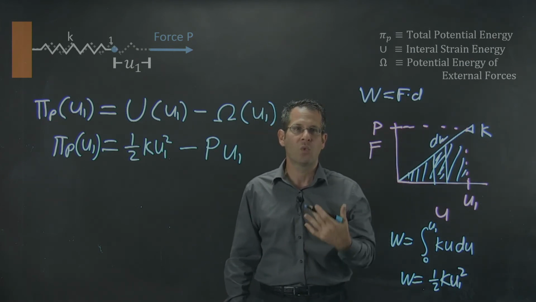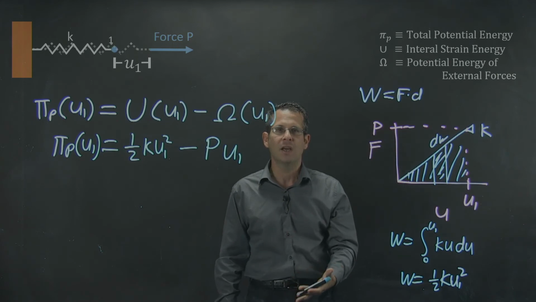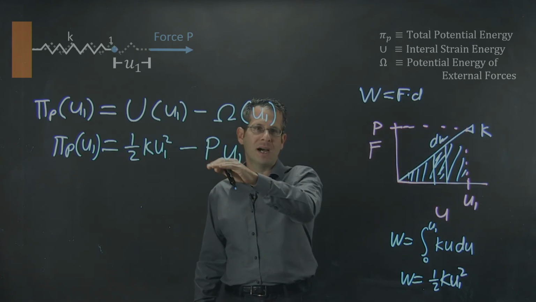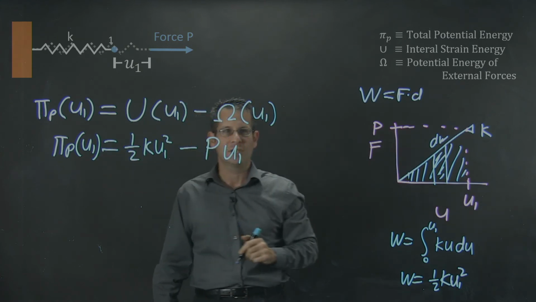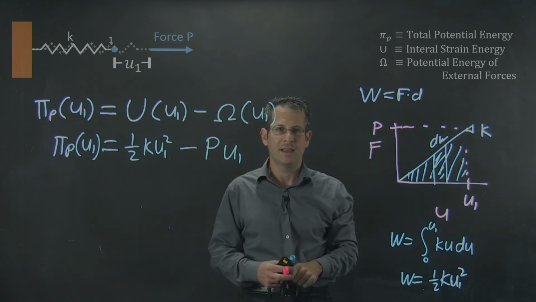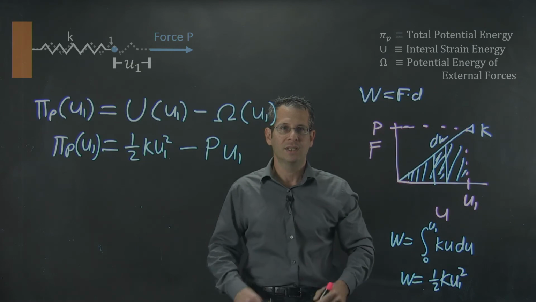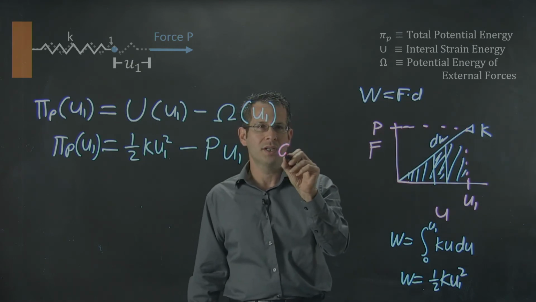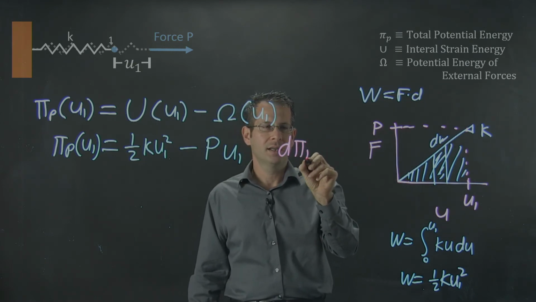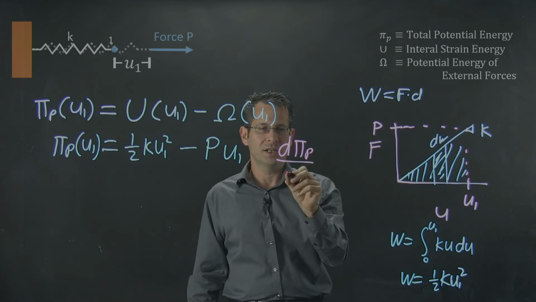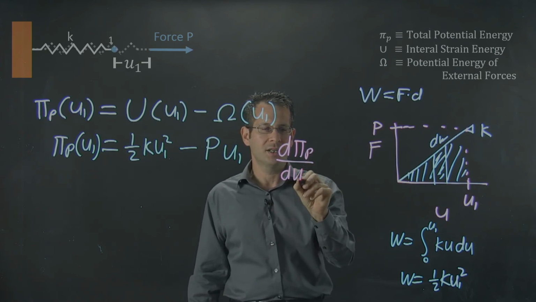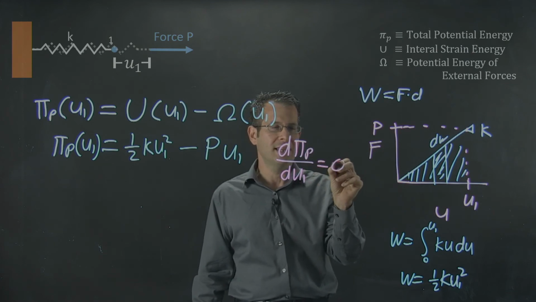In Calculus 1, in our first semester of calculus, we learned that if you want to minimize a function with respect to some variable, you take the derivative of that function with respect to that variable and set that derivative to 0. That is, what I want to do is find the change in total potential energy in the system with respect to my displacement, and I want to set that to 0.